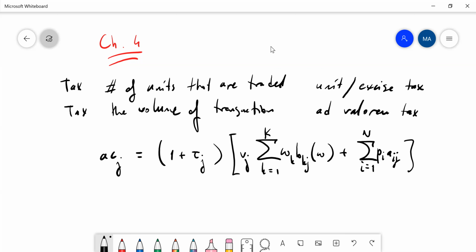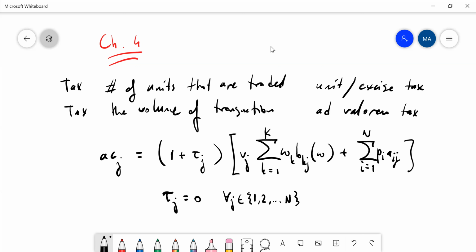So in the original model, we had tau_j equal to 0, right? This is tau, a Greek letter. So tau_j was equal to 0 for all j, so no firm was taxed. That was true for all firms.